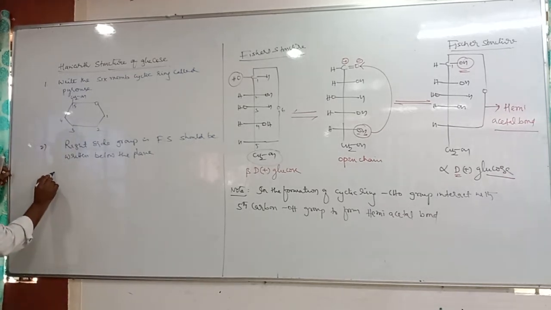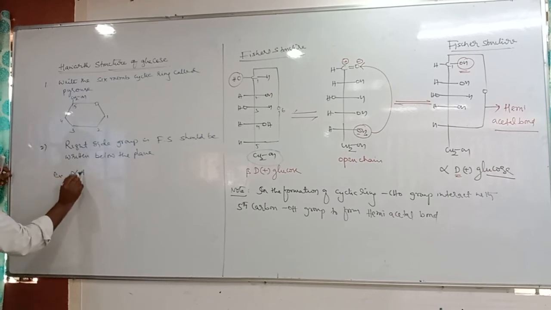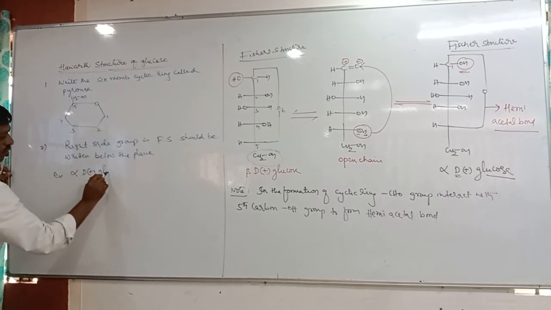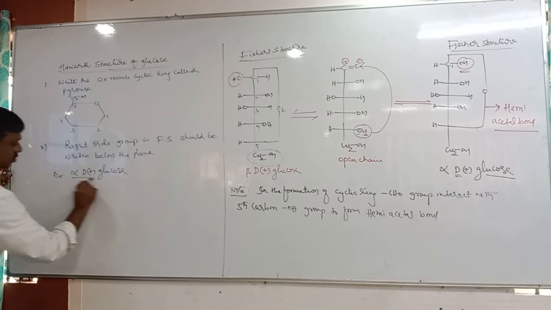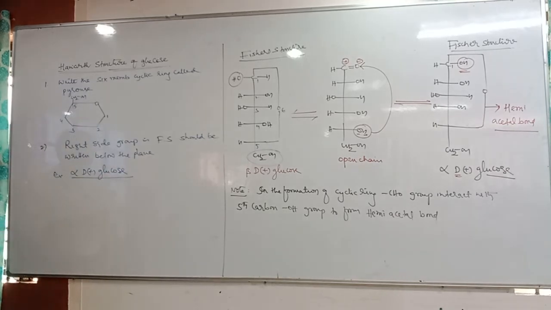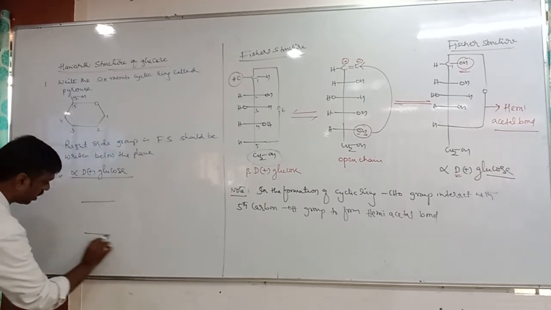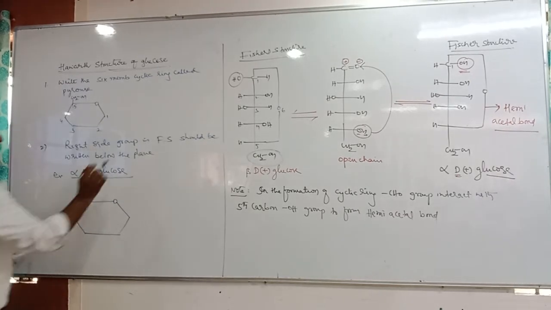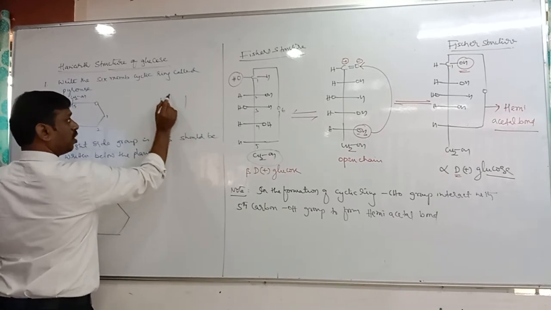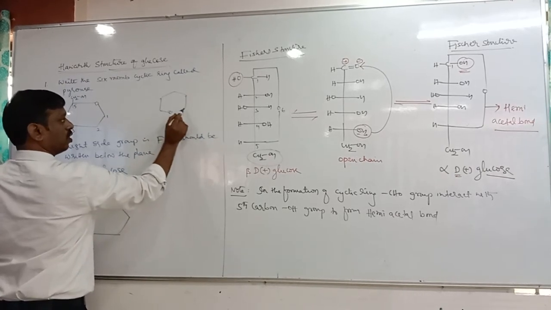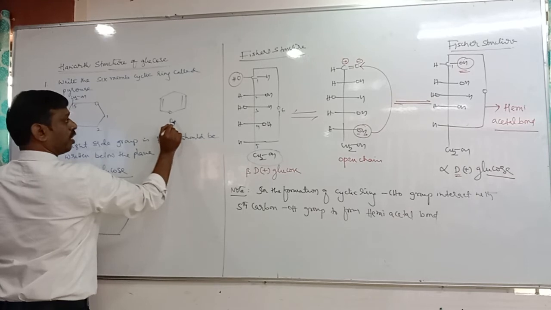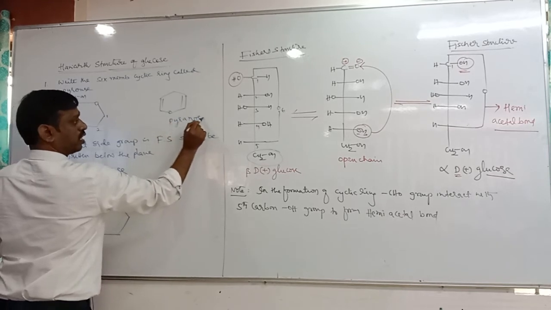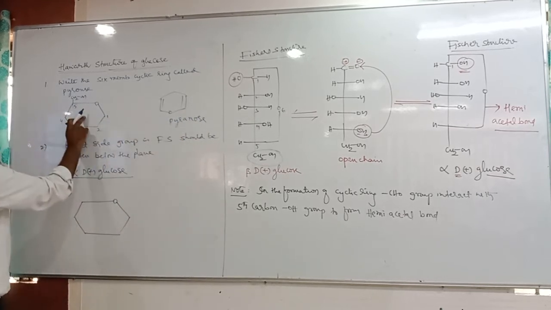For example, I'll write alpha D plus glucose. To write alpha D plus glucose, what to write first? The 6-membered ring. This 6-membered ring is called the pyranose ring, since the structure is similar to pyran. So this ring is a 6-membered ring.